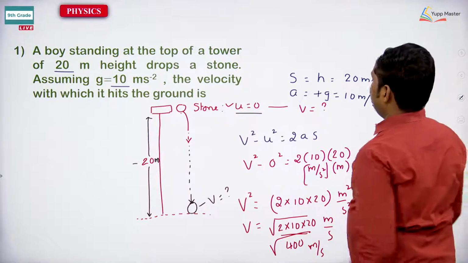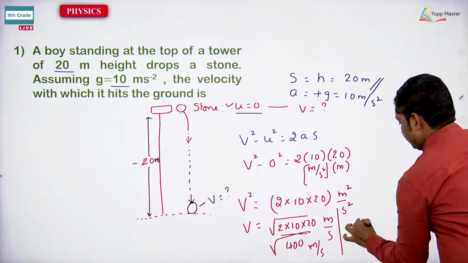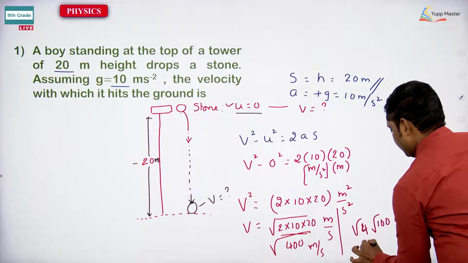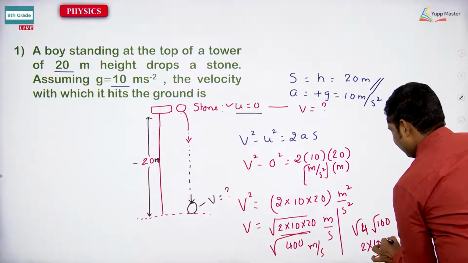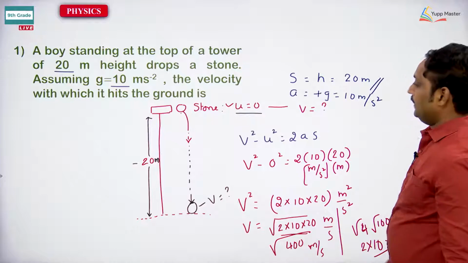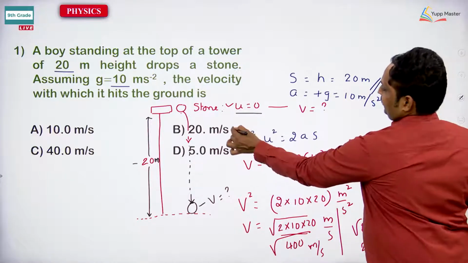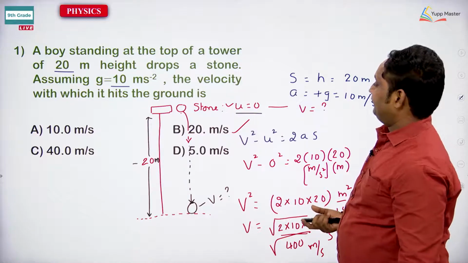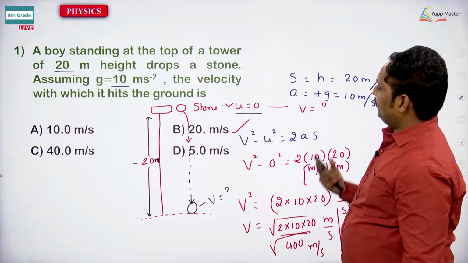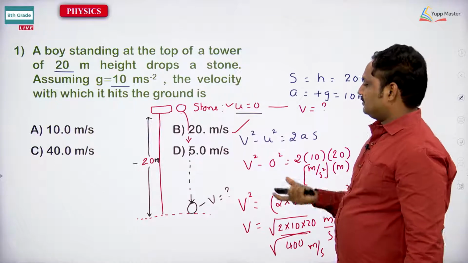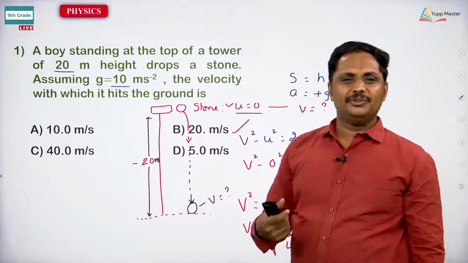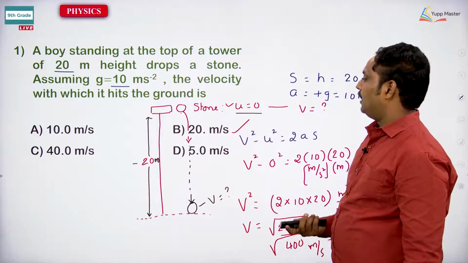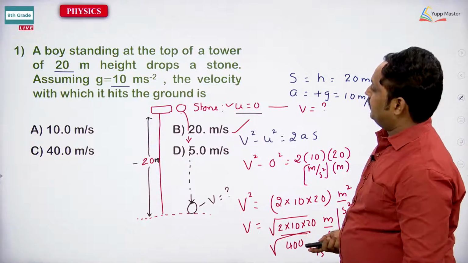Easily you will find that root 400 is 20, so 20 meter per second is going to be the answer. In the same problem they may ask for the loss in velocity after the first bounce, and you can easily find that out. Let us go for another one.